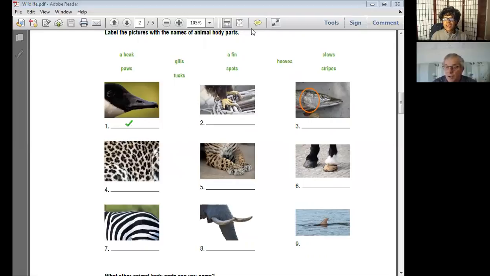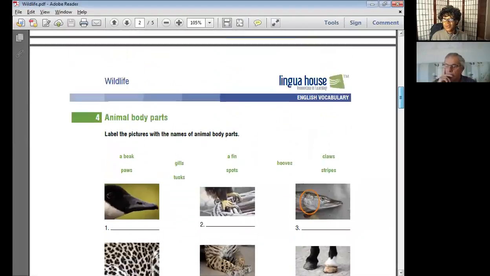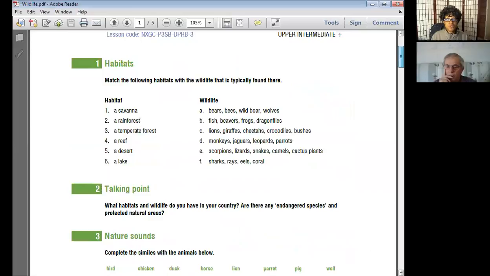Now, I want you to choose the habitat that you're going to locate next. Which habitat will you describe next? Choose another one. Which one would you like to look for now?